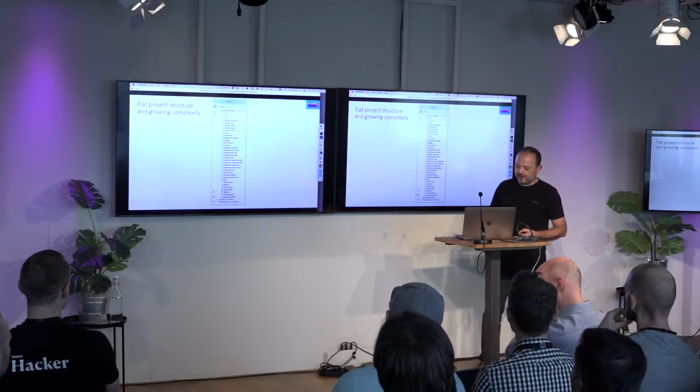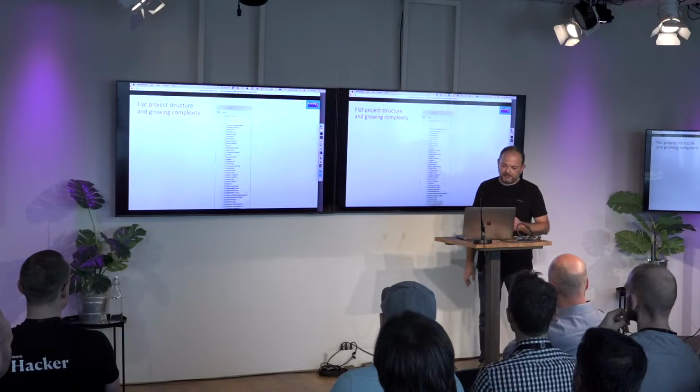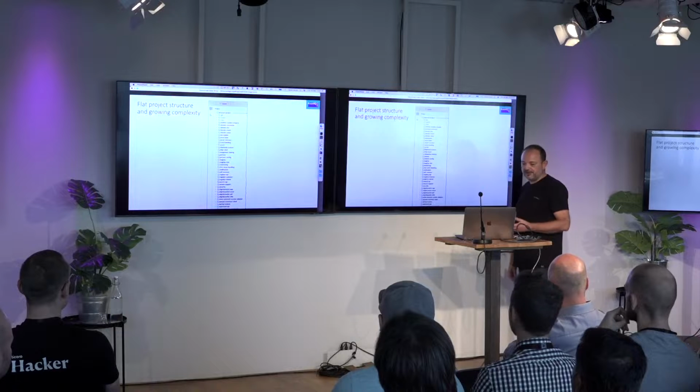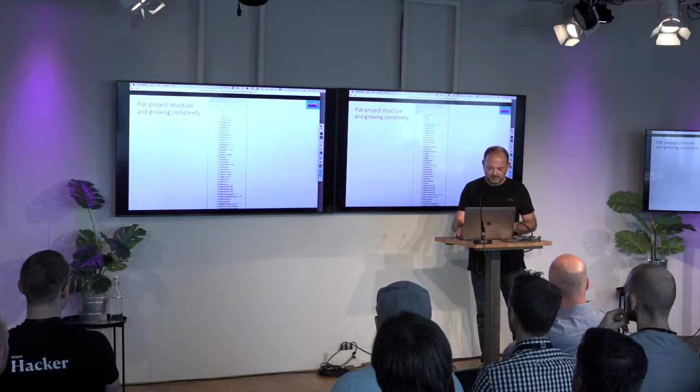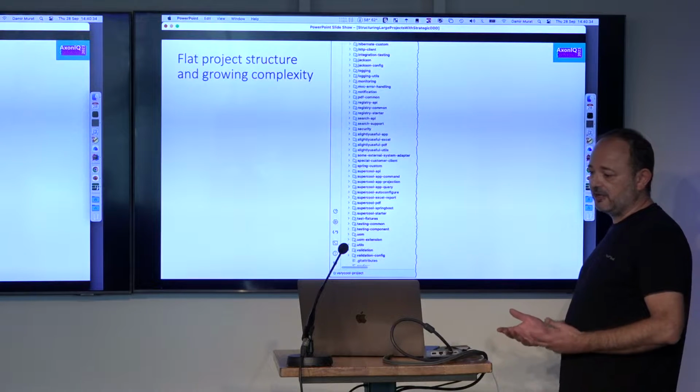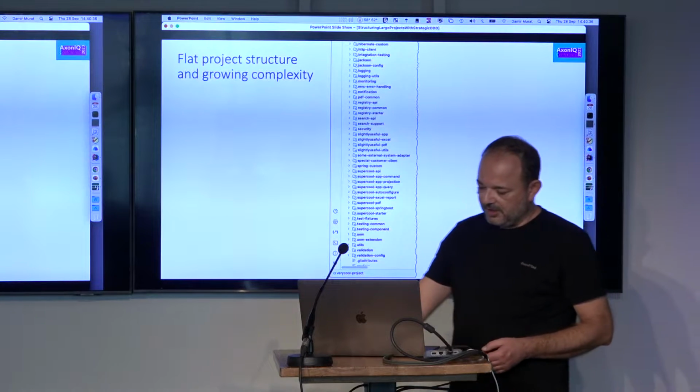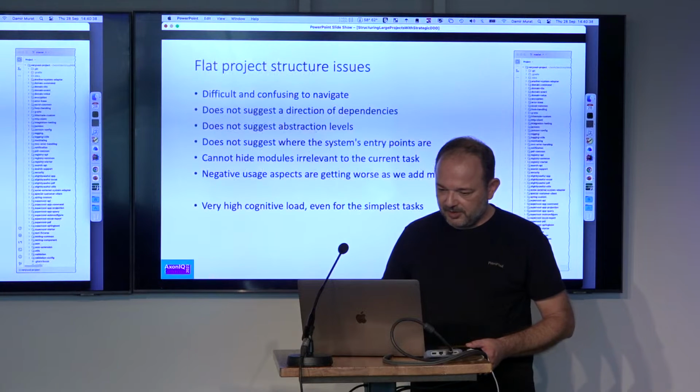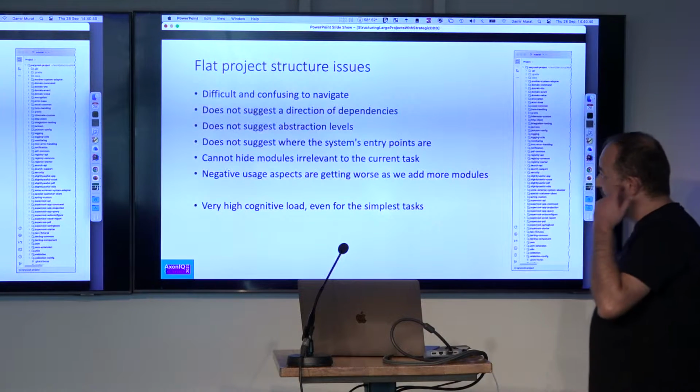And much more quickly than you realize, you may end up with a project containing 40, 50, or even more modules. What you have now is actually a multi-module monster that is very hard to work with. Okay, so what are the issues with the flat project structure?